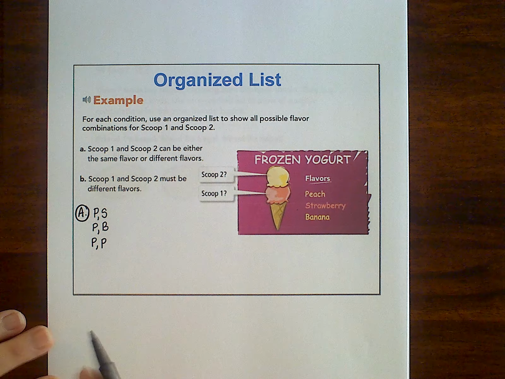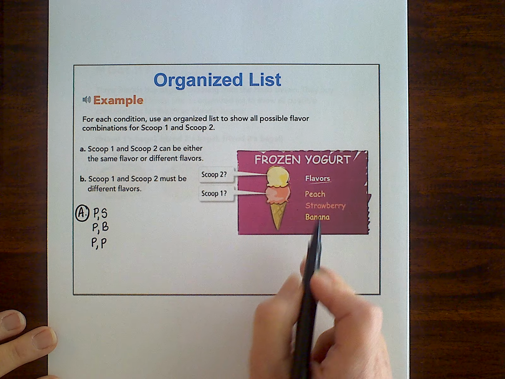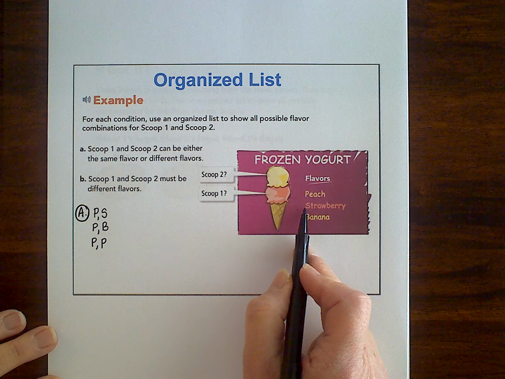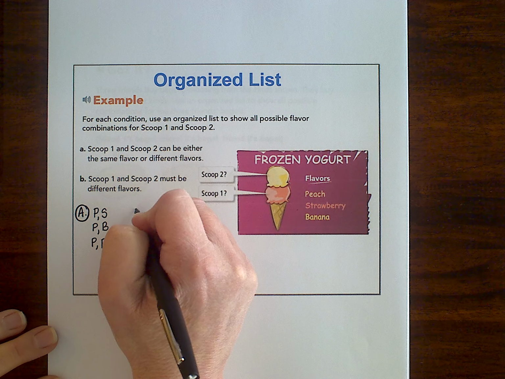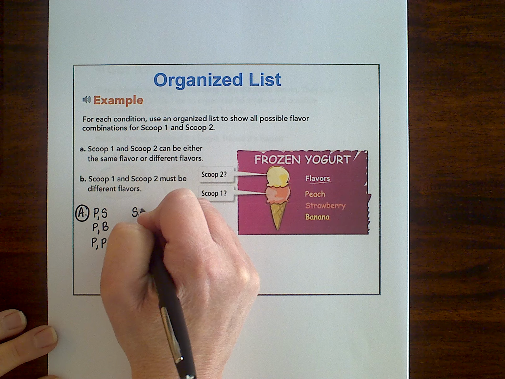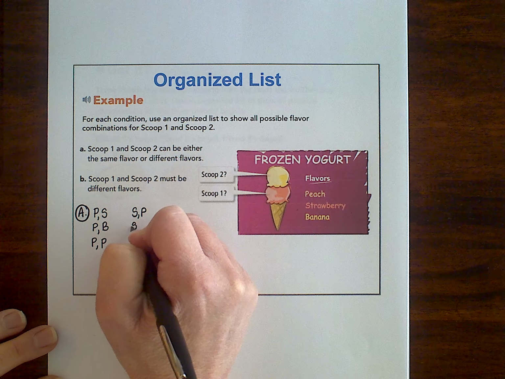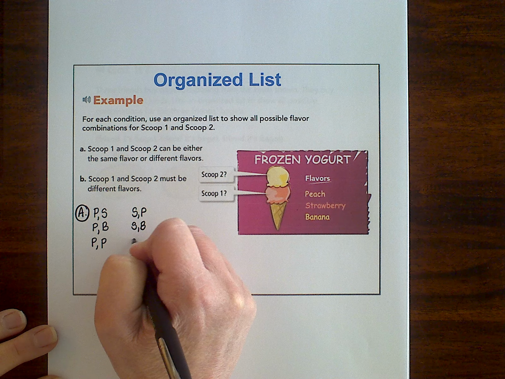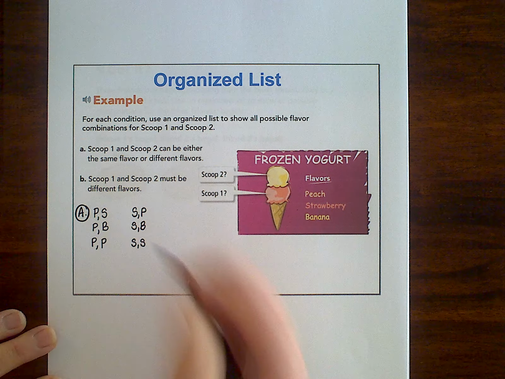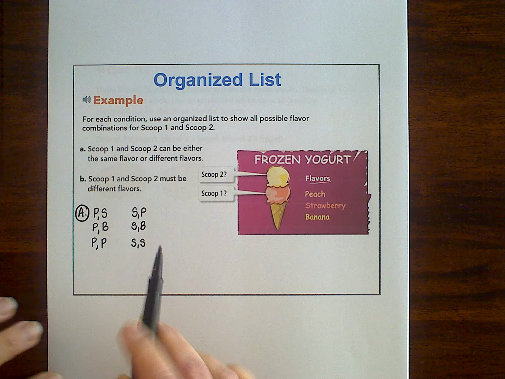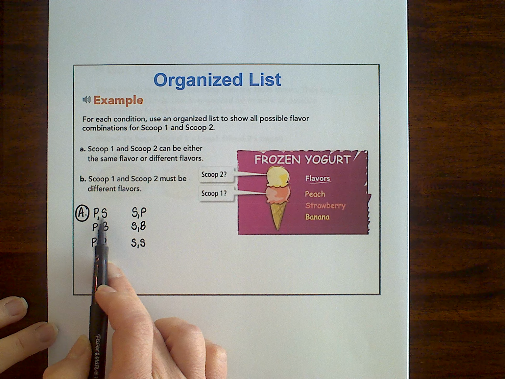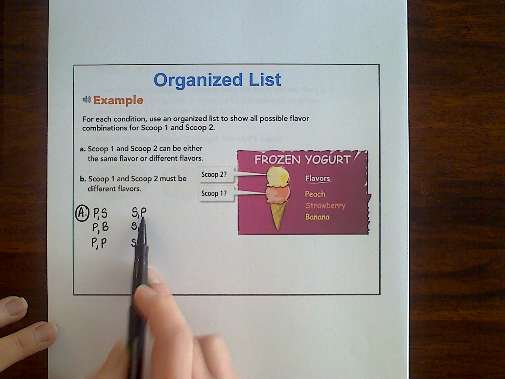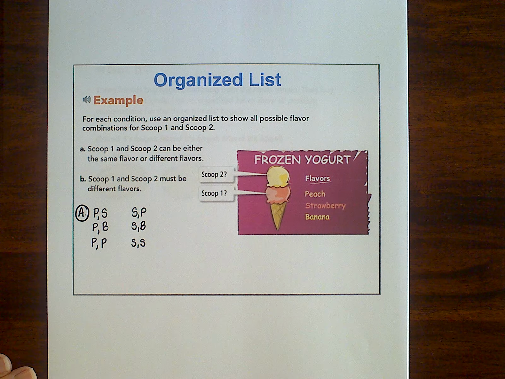We have to continue on because I could have strawberry being the flavor that touches the cone. So I'm going to have strawberry peach. I'm going to have strawberry banana. And then I will have strawberry strawberry. Now, some of you might think, Mrs. J, peach strawberry and strawberry peach are the same exact answer.